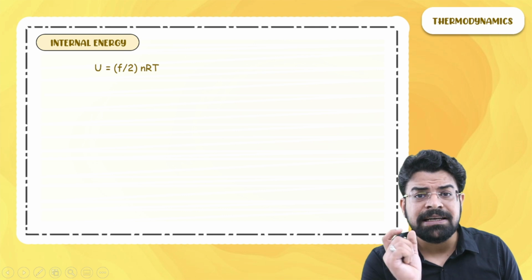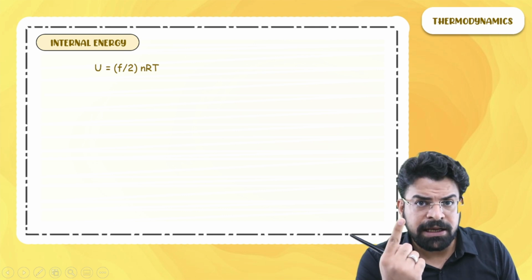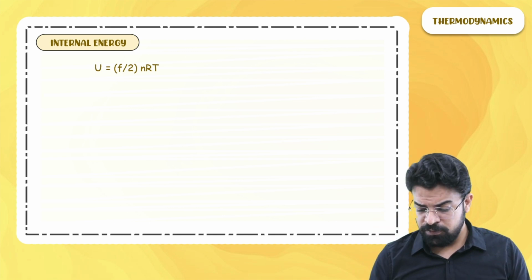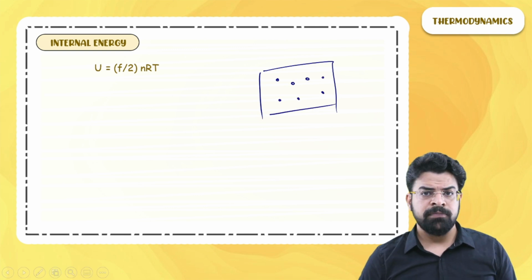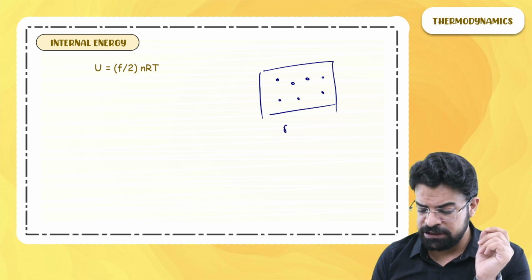Now, this internal energy is which type of energy? Kinetic energy, potential energy, both or none. When we learned the ideal gas postulates, we learned that there is no interaction force between the molecules. As there is no interaction force between the molecules, potential energy is zero.